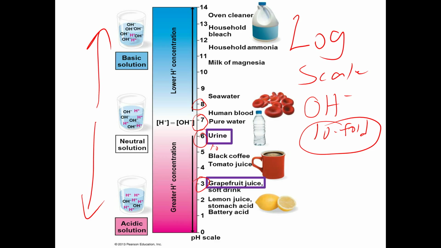You have 10, 10, 10. Well, that's 10 to the third power, which equals a 1,000-fold difference. So grapefruit juice has a 1,000-fold greater amount of protons than urine.